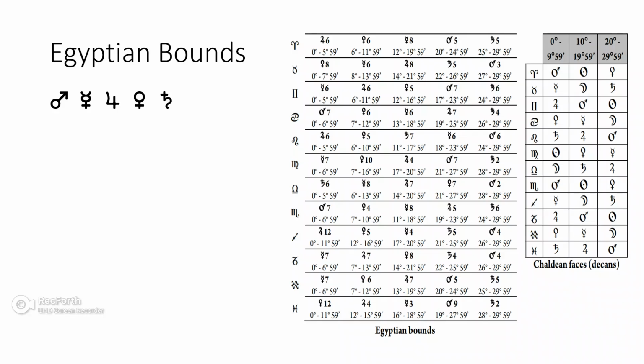You'll see, like I was saying before, in the small deacons box over there, every dude and their dog will tell you that you start with Mars in Aries and go till Mars in Pisces, and I disagree with that. Again, this Egyptian bounds diagram is set up to use Aries as the first sign.